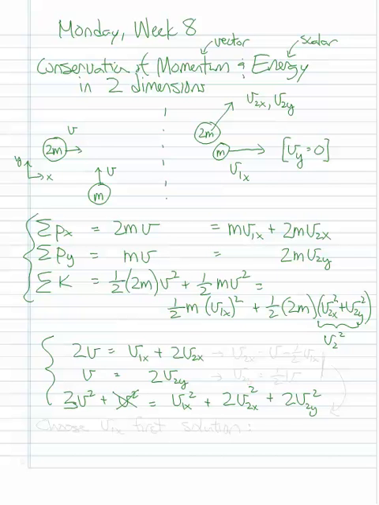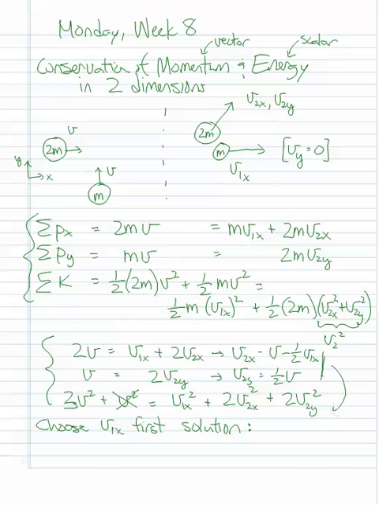So I have 3 unknowns, and I'm going to eliminate 2 of the unknowns, and so I'm going to choose v1x to solve for first. And so that means that I'm going to take the top equation and say that v2x is equal to v minus 1/2 v1x. And this equation says that v2y is equal to 1/2 v.